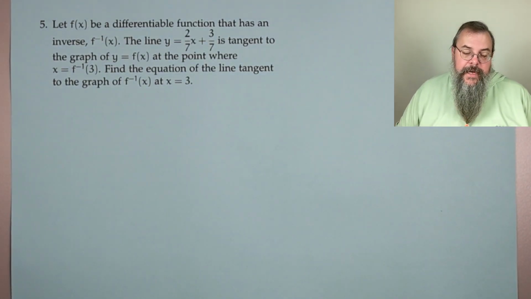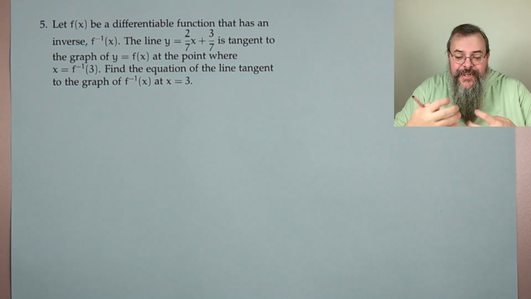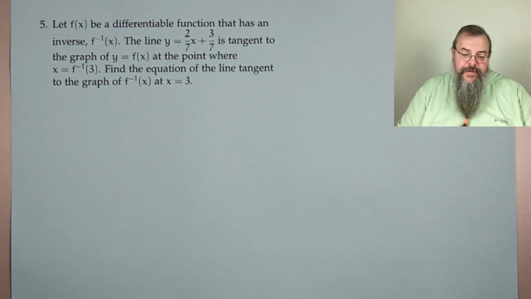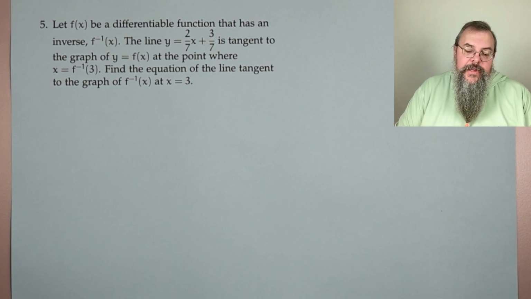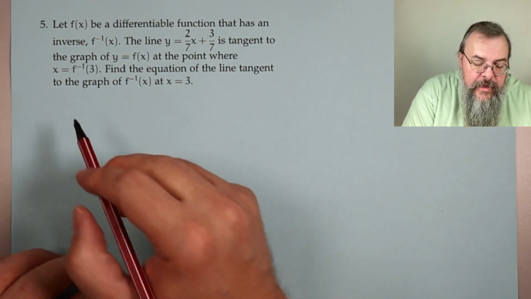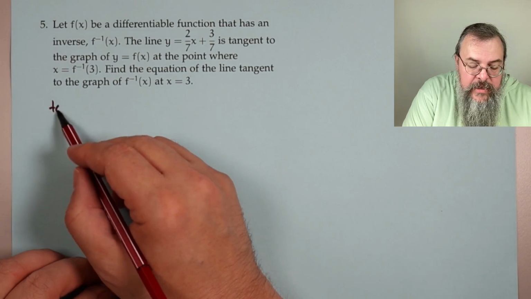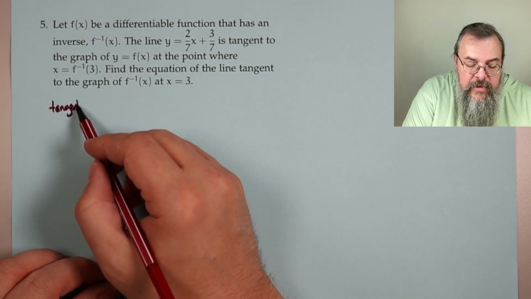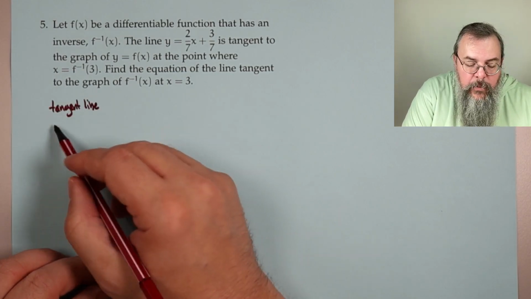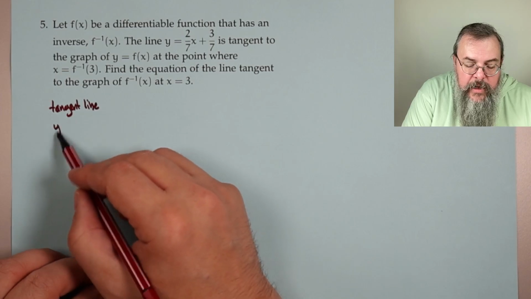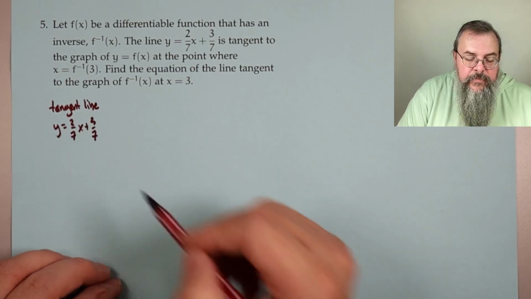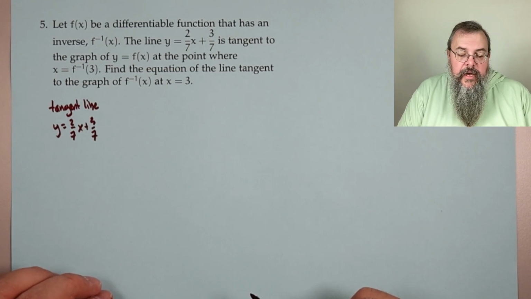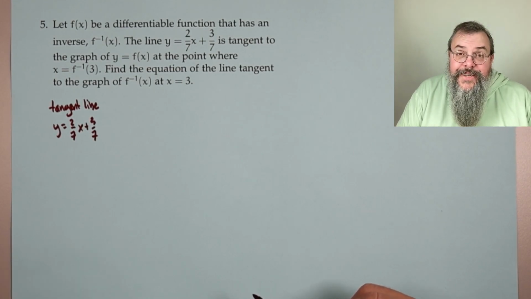All right, now we've got to start unraveling this, our information we want, right? So let's talk about what we have. Now we have a tangent line. Cool beans. That's our y equals 2/7 x plus 3/7. And what does our tangent line have?